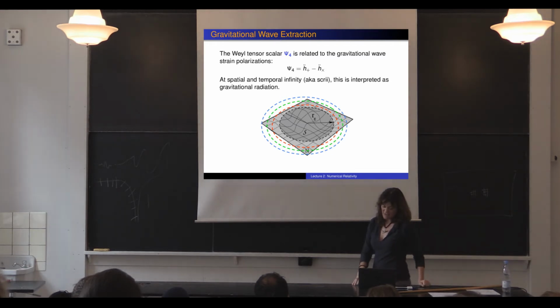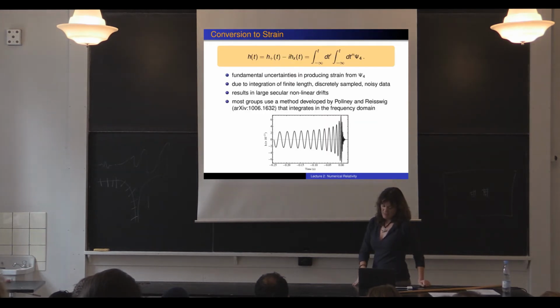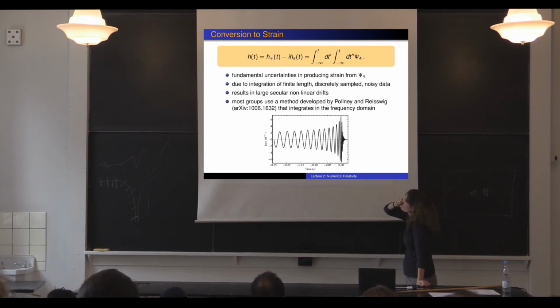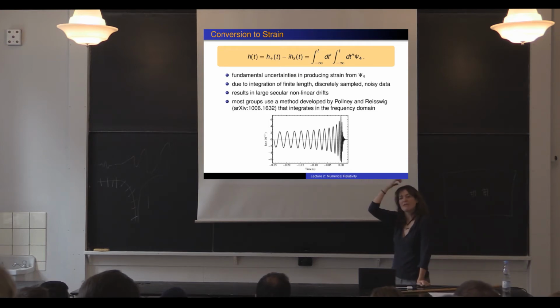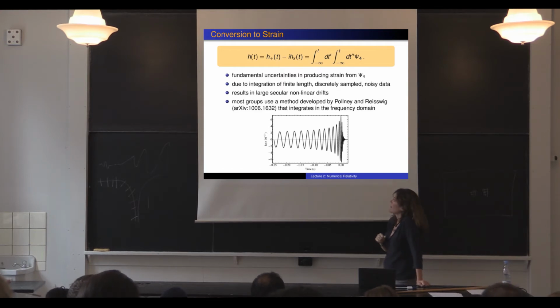But that, again, is another art form, because when you do this integration, if you integrate once, you get a little shift. You integrate twice, you get this drift. So you guys heard of the memory effect? Mark Favata loves memory. It means that there's some imprint left in the spacetime after the gravitational waves.